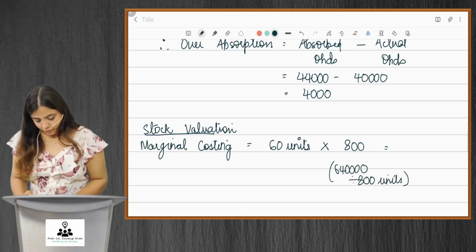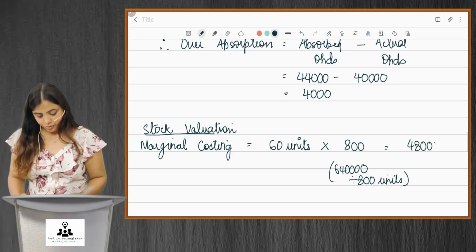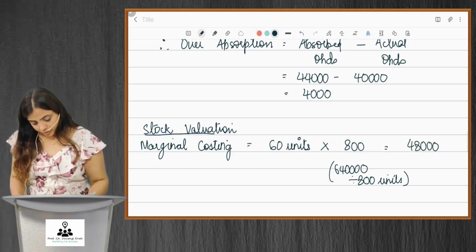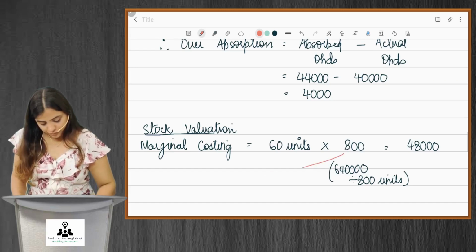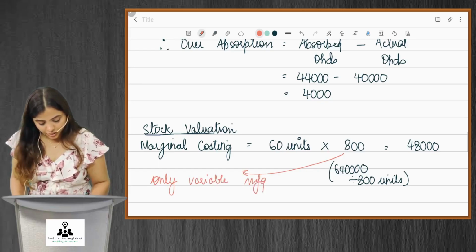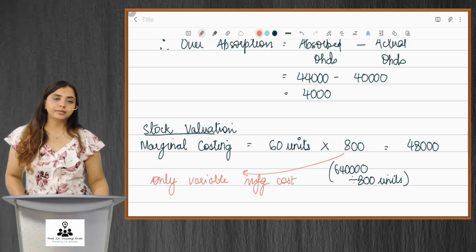Your stock value would be 48,000. Got it, friends? Let me write a note for you. Only variable manufacturing cost is to be taken.